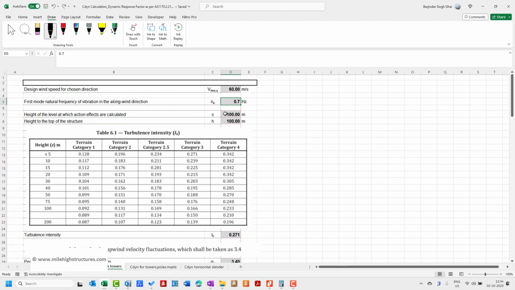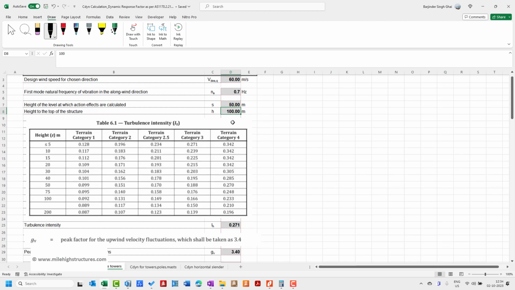The height of the level at which action effects are calculated we can assume as, let us say, 50 meters. And the height to the top of the structure, that is H, we can assume as 100 meters.